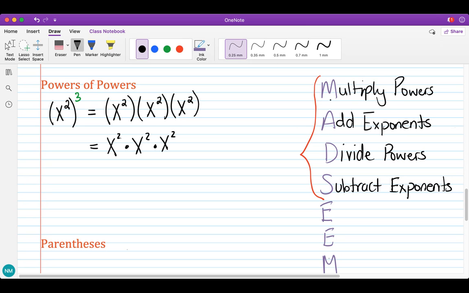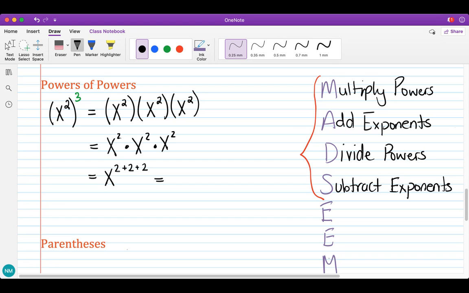And by the properties of exponents, we know that when we multiply powers, we add the exponents. So I can even rewrite this as x times x times x times x times x times x, right? We already know that this is the same thing as saying x to the 2 plus 2 plus 2.